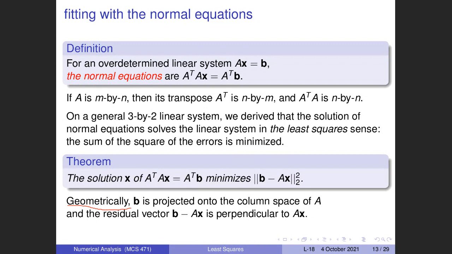One very important property is that the residual vector is perpendicular to the column space. So it's interpreted that the right-hand side vector is projected onto the column space.